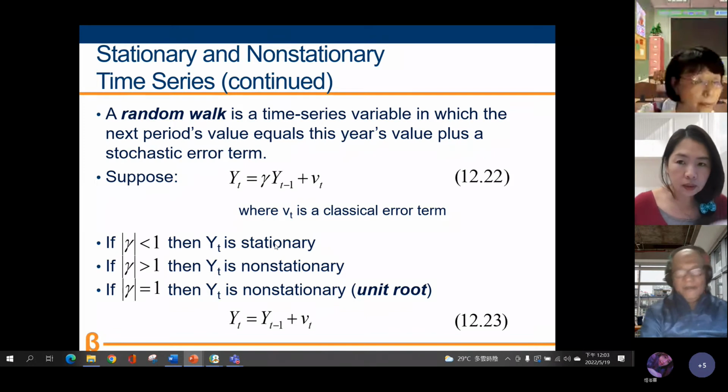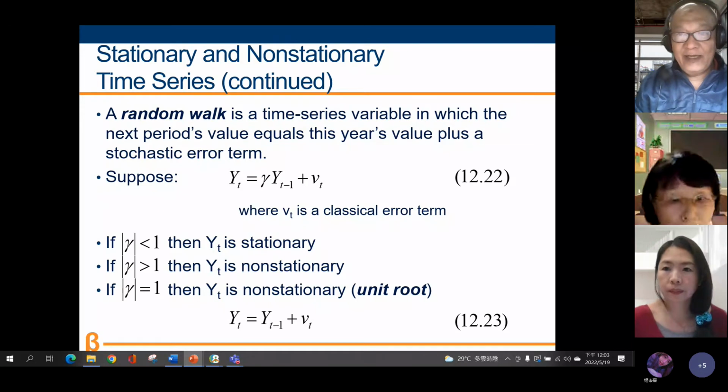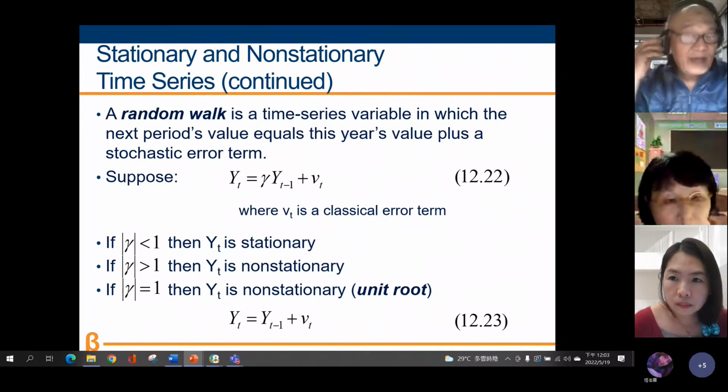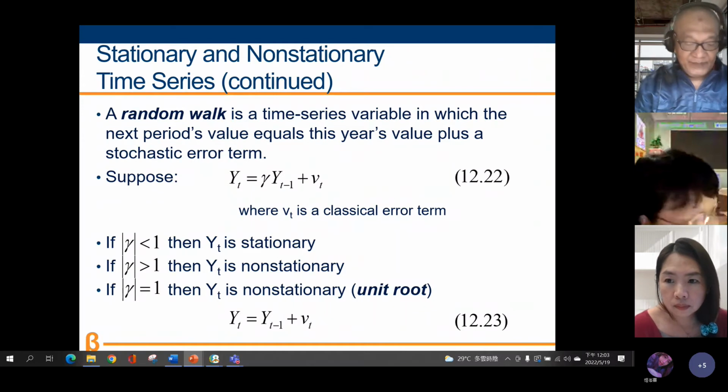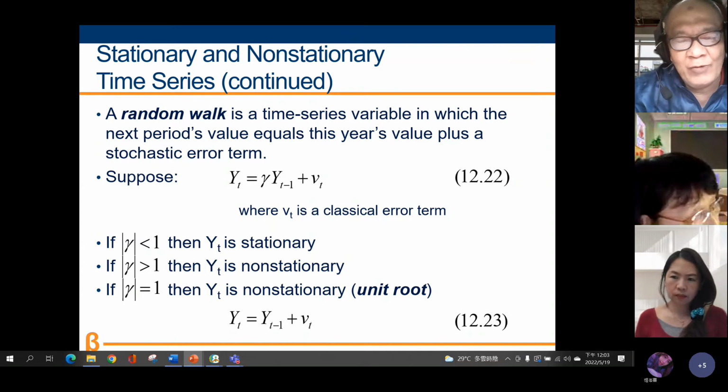I want to ask about the homework assessment. When do we use lag 1 and when do we use lag 2?